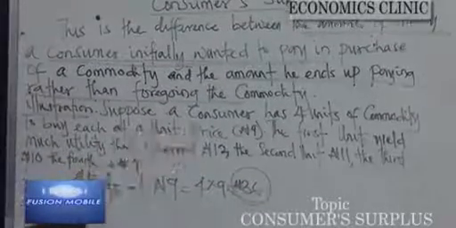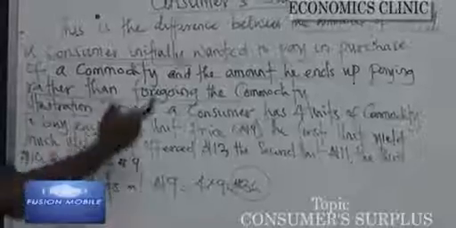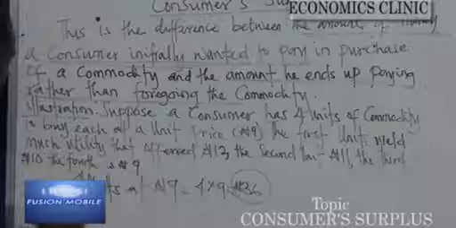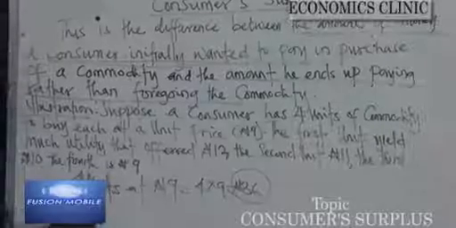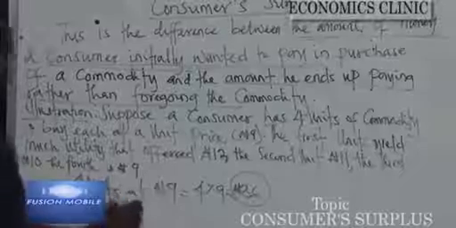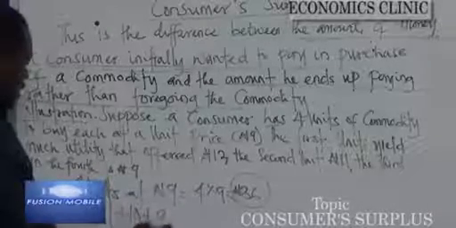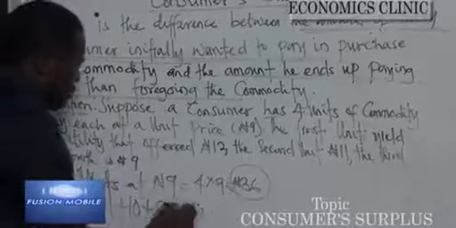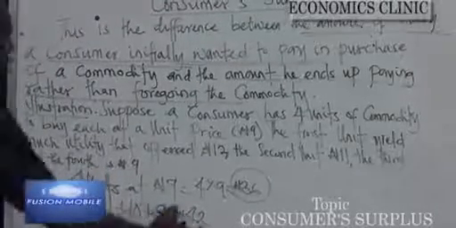The amount he ends up paying will be calculated by adding the amount he offered for each good, which is the first one, 12 naira, plus 11 naira, plus 10 naira, plus 9 naira. If we add this together, we'll have 42 naira. This is the amount he ends up paying.